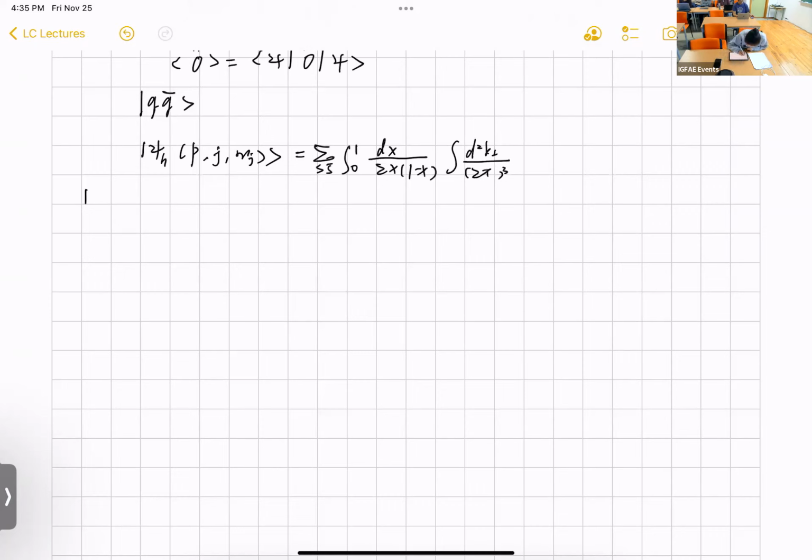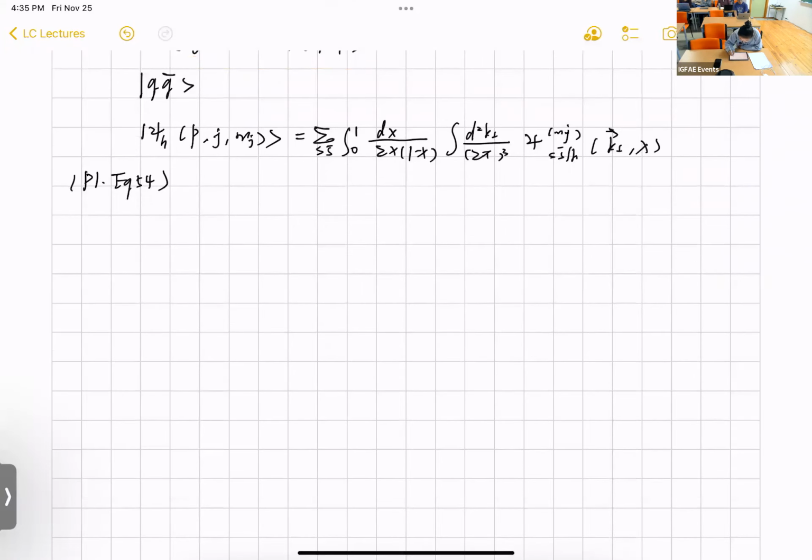If you're looking at notes, this is equation 54 of part 1 of the notes. So I'm using the relative coordinates, k perp and x.